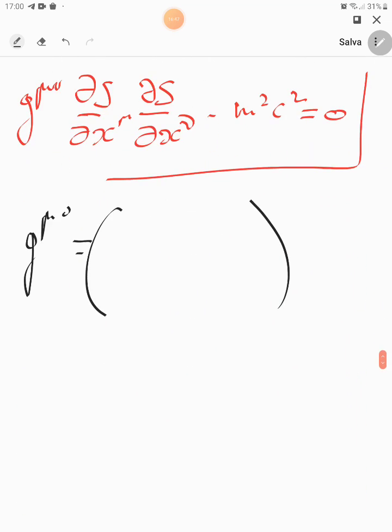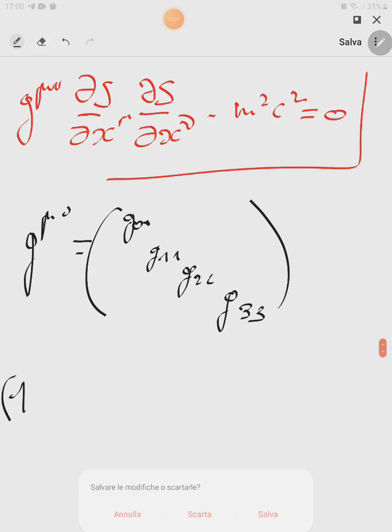Anyway, we have the other components: g00, g11, g22, and g33. Perfect. Now, thanks to these components, we can write the Hamilton-Jacobi equation in this way.